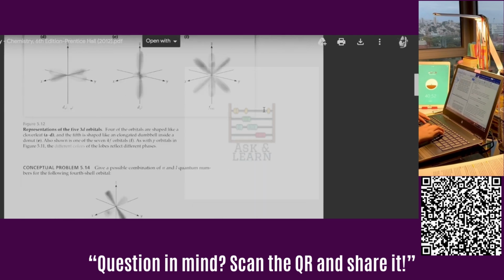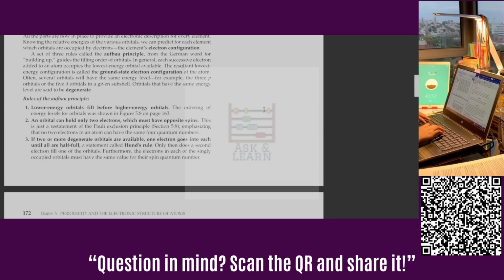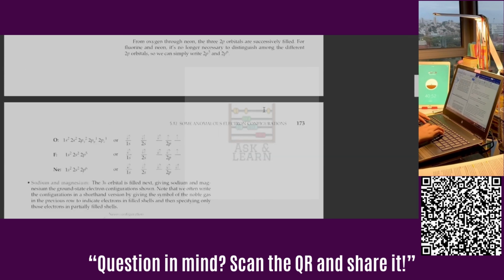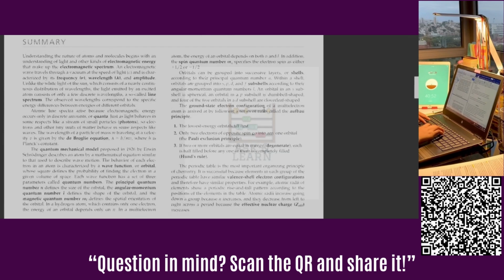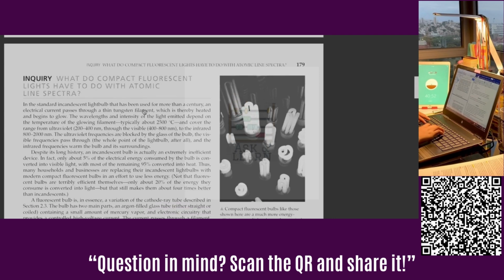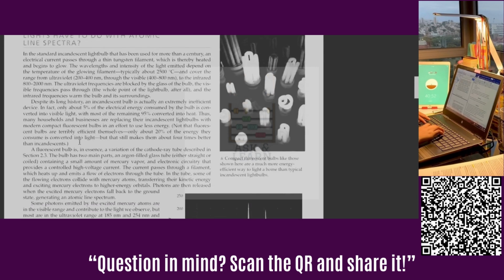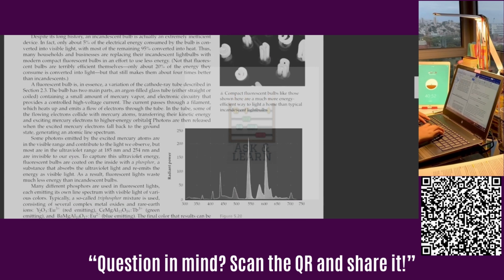you would need to take a look at page 172, I believe. Let me see. No, it's not. It's a little bit further down. Oh yeah, sorry. At the end of the book, it talks about fluorescent light and how it has to do with atomic spectrum. It talks about how fluorescent light has a different variation, and about higher energy electrons transferring photons.